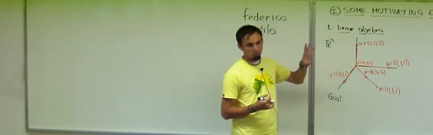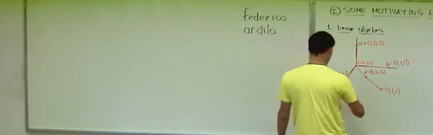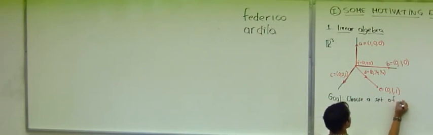Imagine that I give you a task. It's a task which you can accomplish in many different ways. But what I'm going to ask you to do is to choose a set of linearly independent vectors.